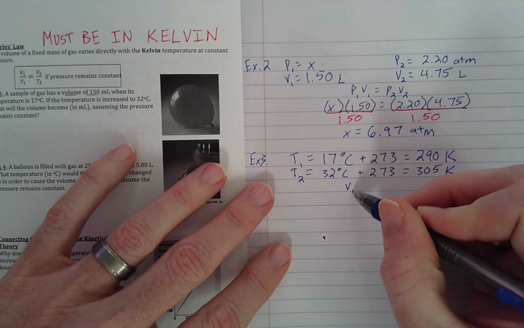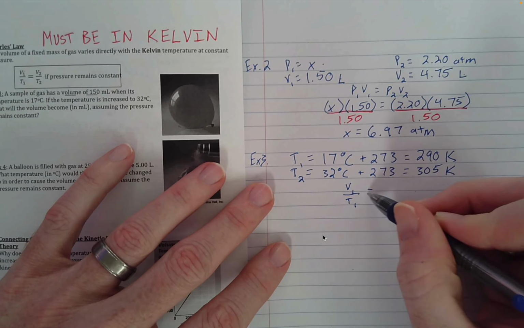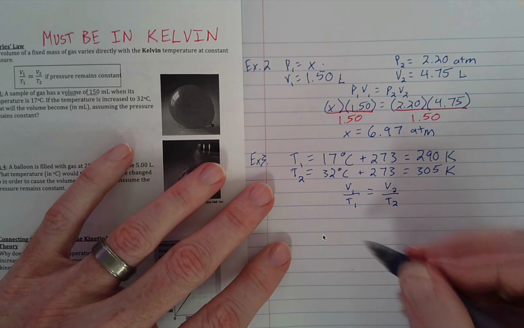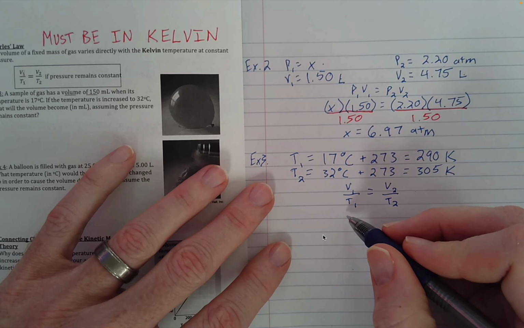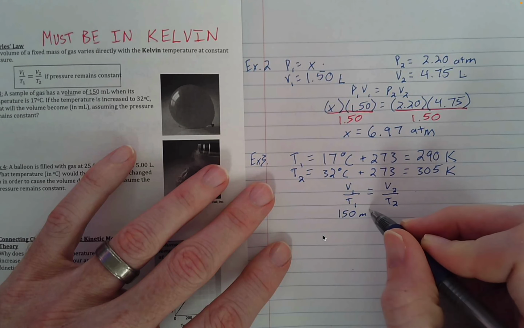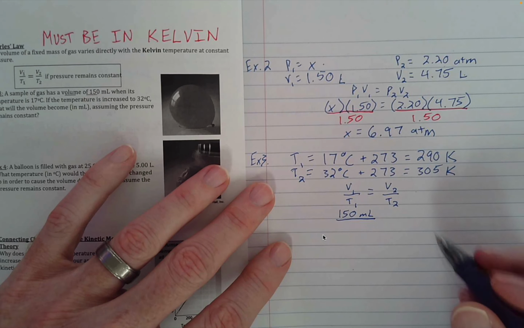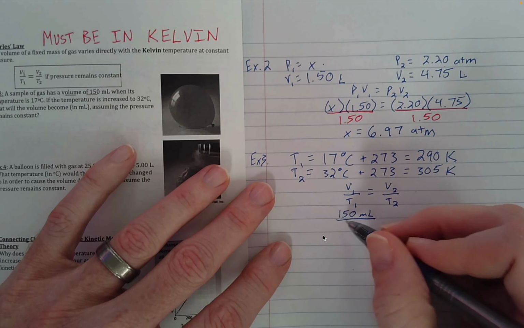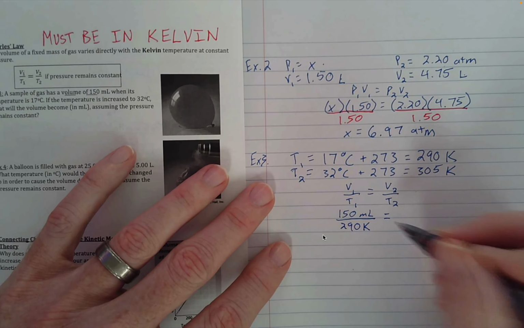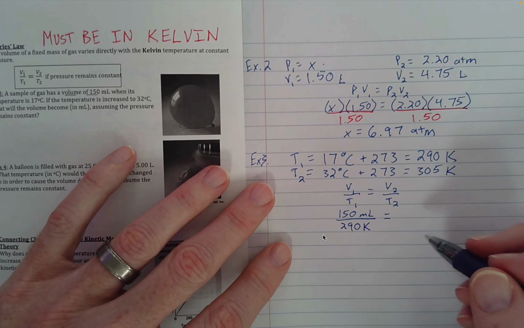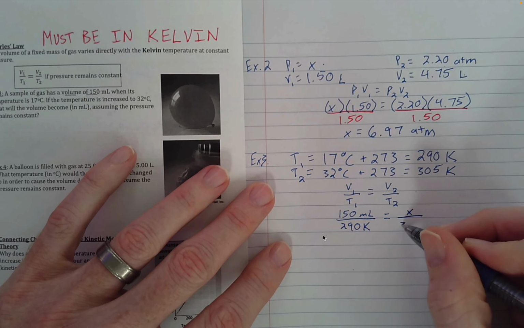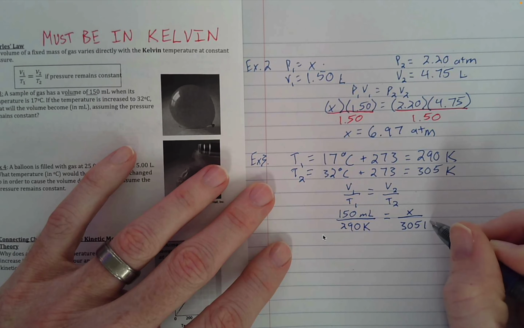Just to refresh your memory, we've got V1 over T1 equals V2 over T2. So our initial volume was 150 milliliters, and we'll divide by our initial temperature, which was 290 Kelvin. We want to know the new volume if we increase the temperature to 305 Kelvin.